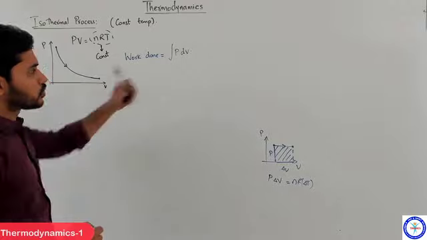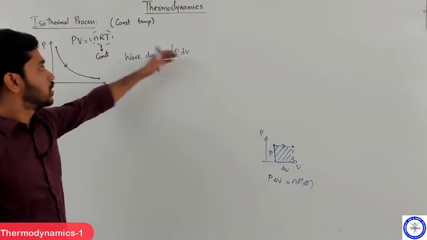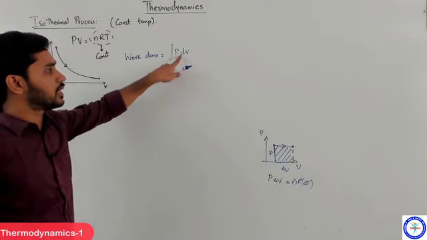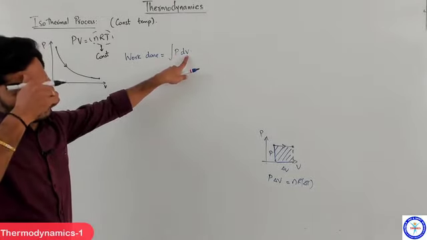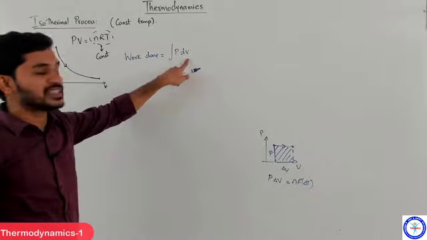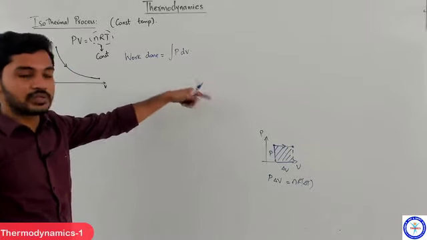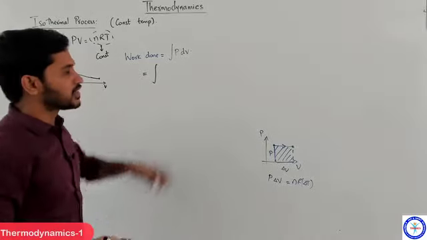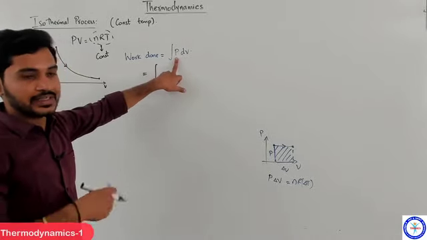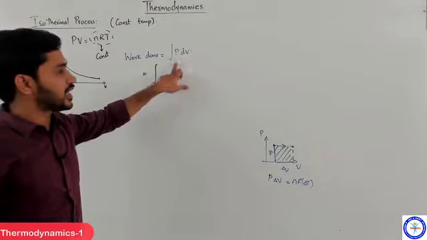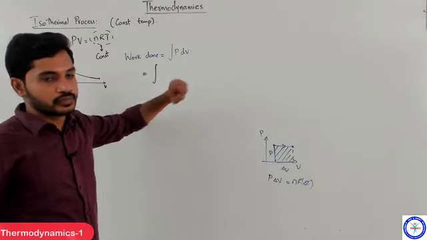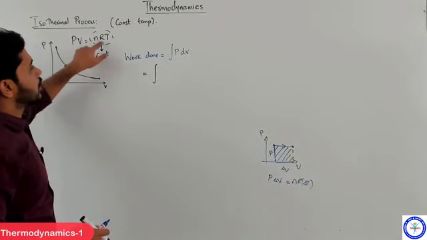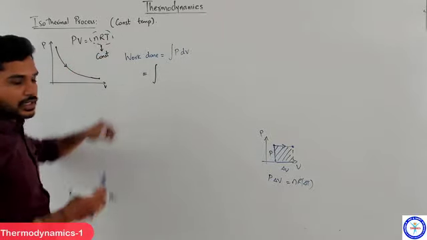So to evaluate this integral, because I have two different variables here, I'll bring it into a single variable form so that I'll be able to integrate it. I'll remove P from here and write it in terms of V, so that I am able to integrate over the volume, right? So P can be written as nRT by V, correct?